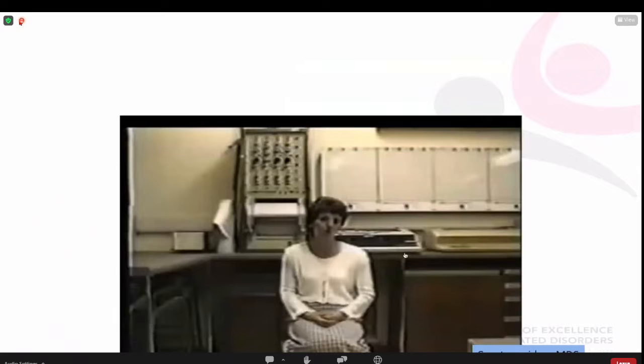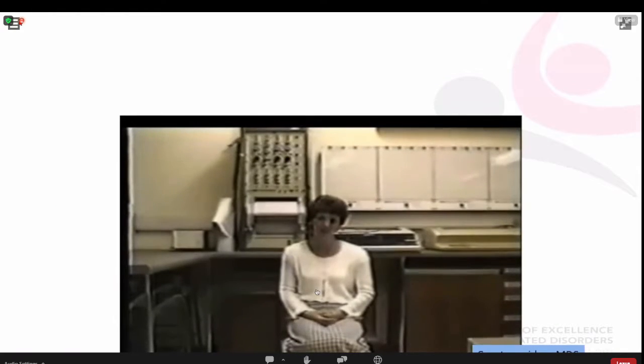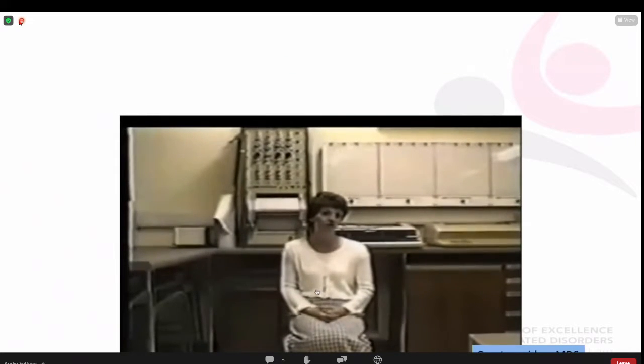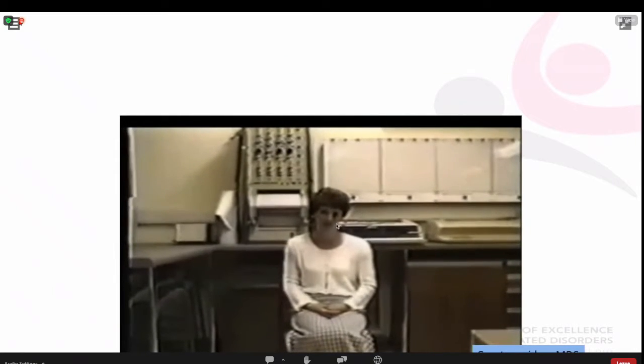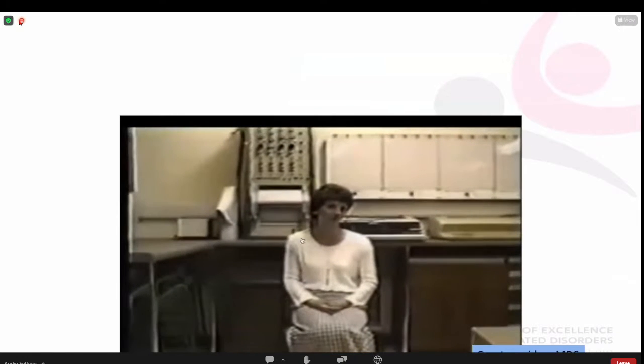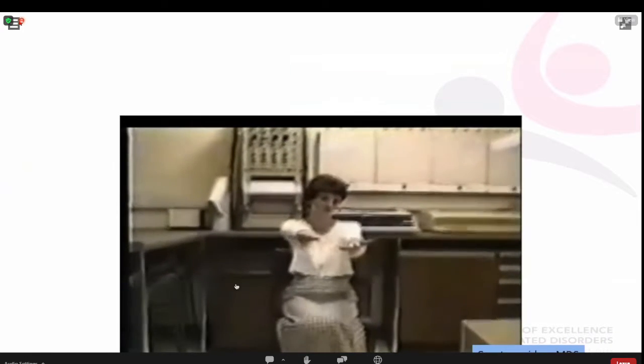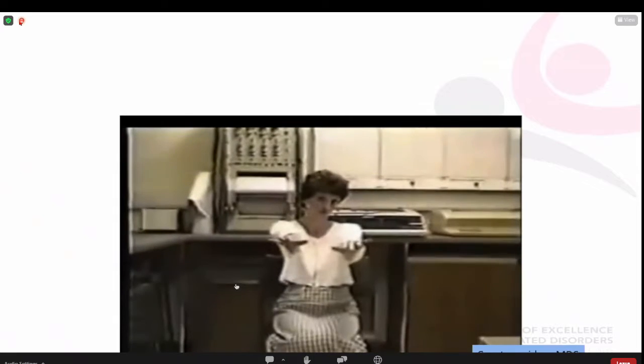Okay, in this patient, you will see that she has an abnormal posture of her neck with a tremor on top, and sometimes a tremor in her hand.